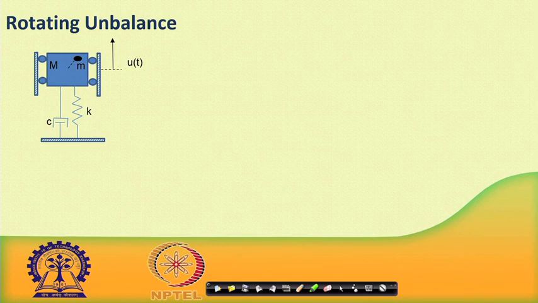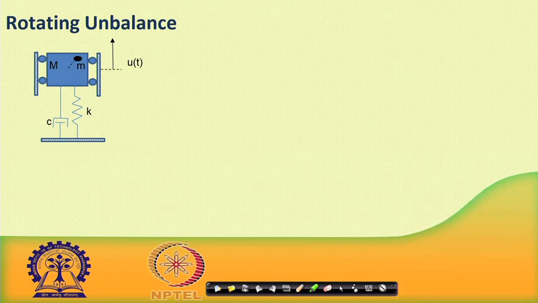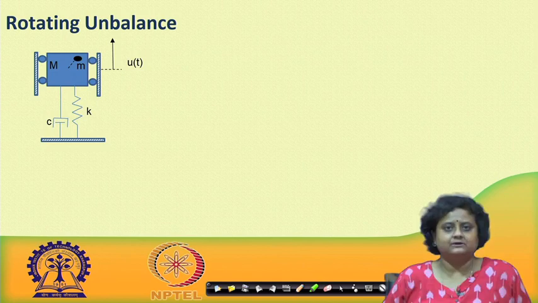But in most real cases, it is difficult to avoid unbalance in the mass distribution of this rotating device due to manufacturing defects or some external particle getting attached to it. There is always a mass imbalance in this kind of rotating device.